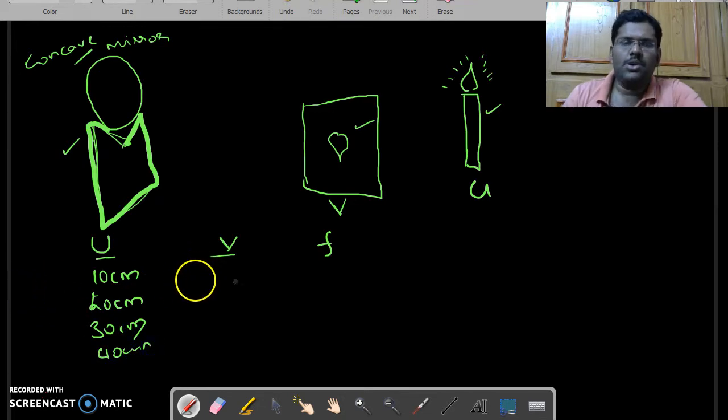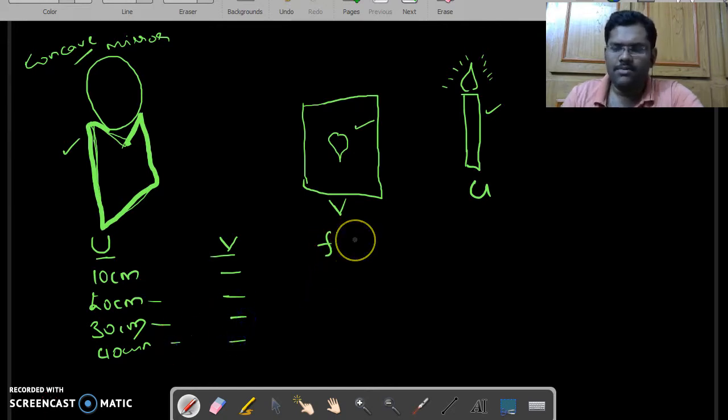For 10 centimeters, the image may be formed on the screen, or the image may be formed inside the mirror also. So for that we calculate the image distance. And at 20 centimeters we calculate the image distance. At 30 we calculate, at 40 we calculate.